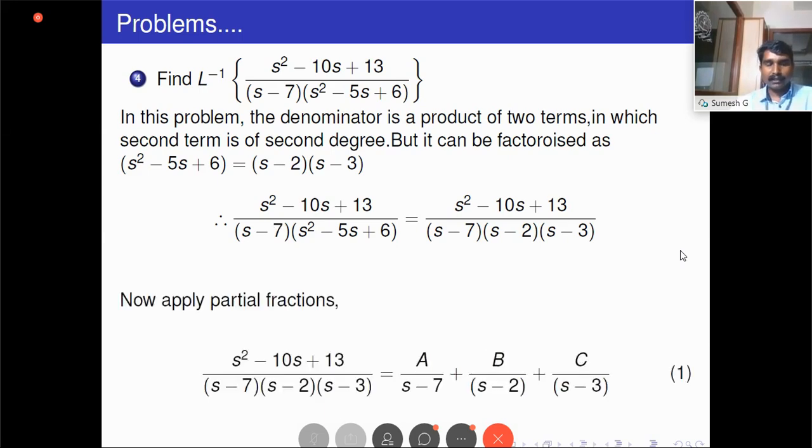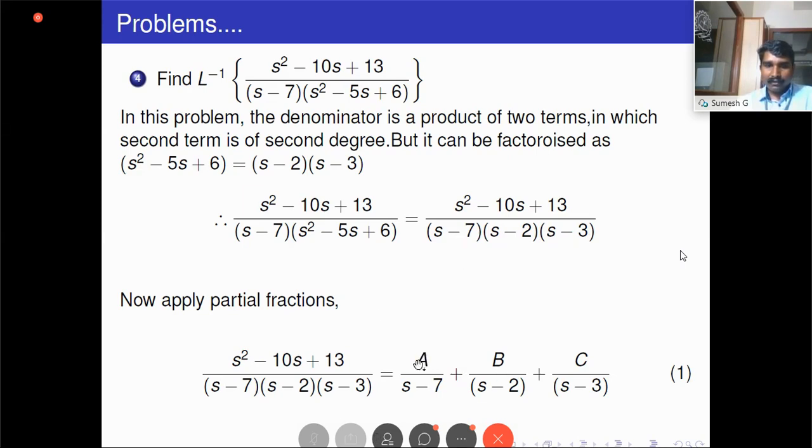Applying partial fractions, it becomes a by s minus 7 plus b by s minus 2 plus c by s minus 3. Here the denominator is a product of distinct first degree terms, so we can apply the shortcut method for finding a, b and c.